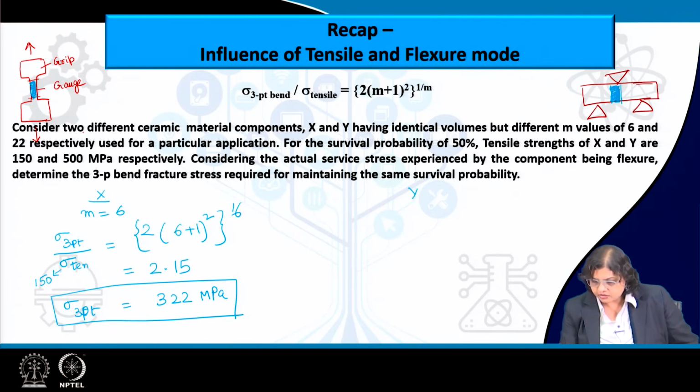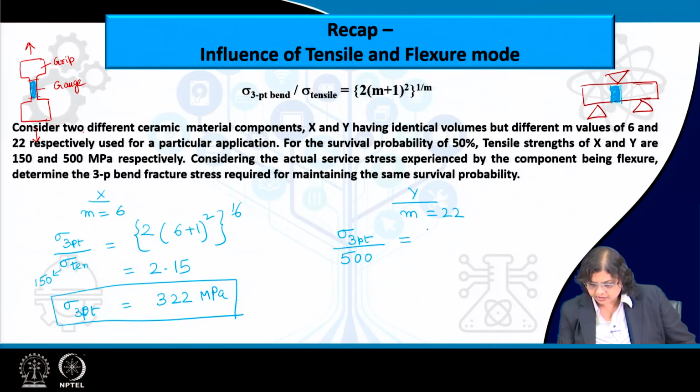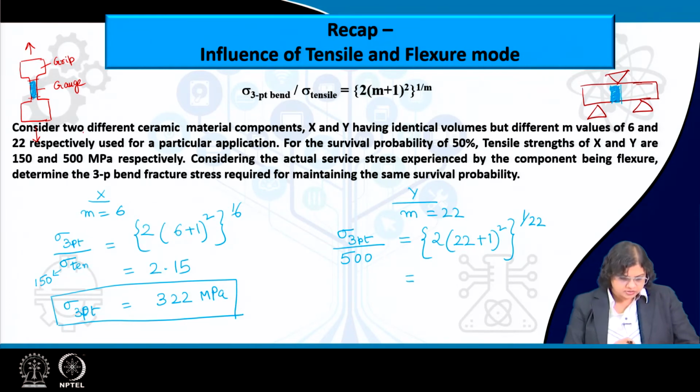On the other hand, for condition Y, we have m equals 22. So, that makes sigma 3-point divided by 500, since sigma tensile in this case is 500, with the same kind of relation.